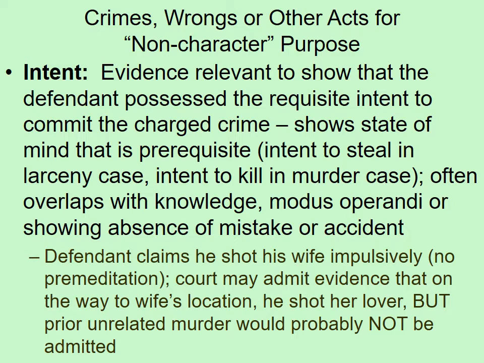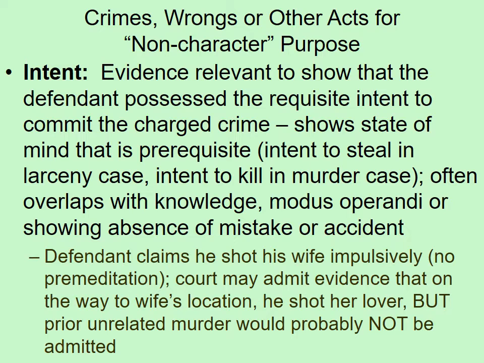Now, if the prosecutor wants to put on evidence that an hour before the husband shot the wife, he actually went to her lover's house and shot the lover, that would probably be admitted, because it does tend to show that he had the requisite intent to shoot her too.